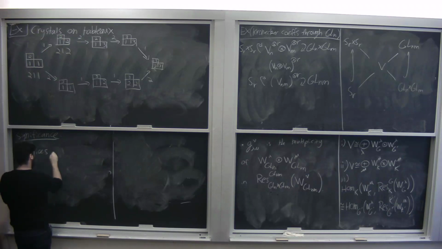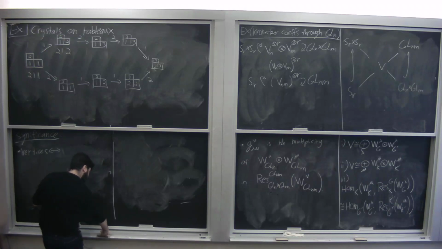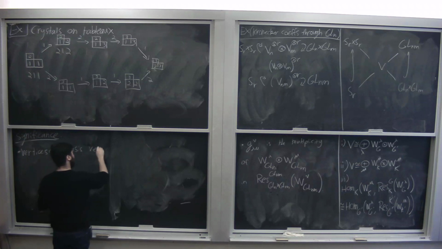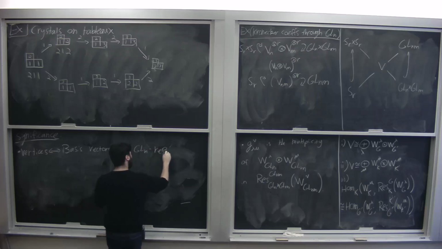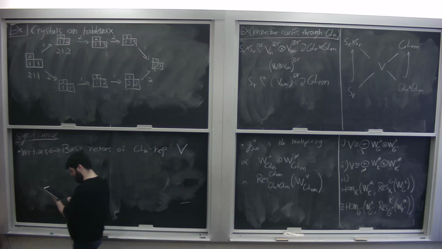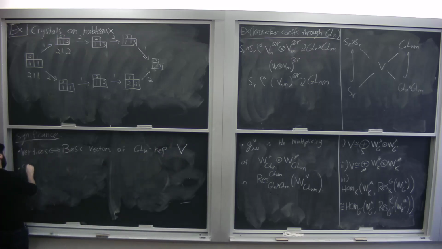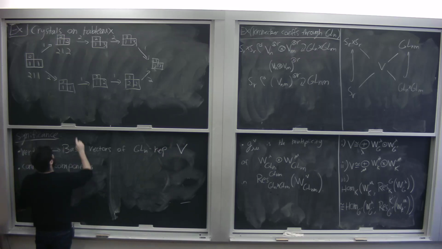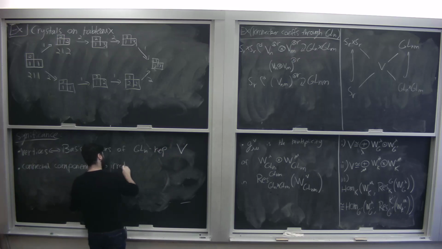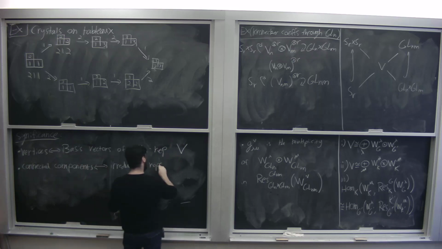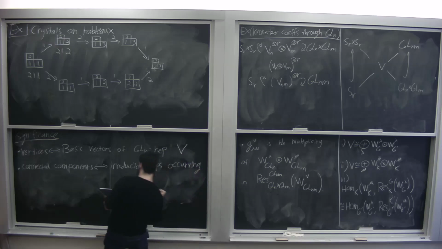Well, vertices in the crystal correspond to basis vectors of some GL_N representation V. Connected components, like the one that I drew up here, correspond to irreducible representations, let's say, occurring in V.